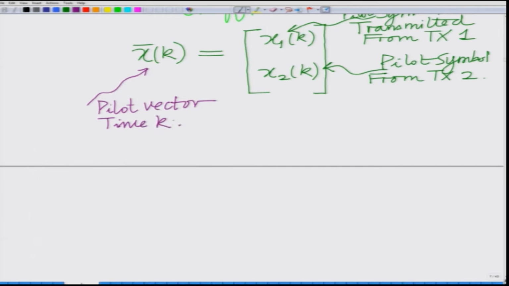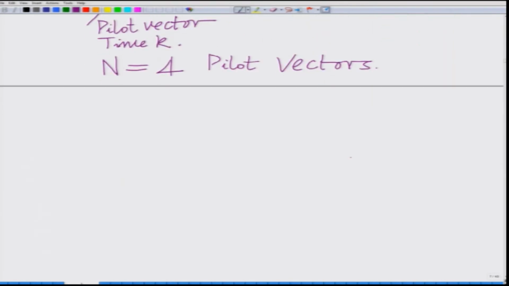Now, let us consider 4 such pilot vectors. Consider in our example n equal to 4 pilot vectors.